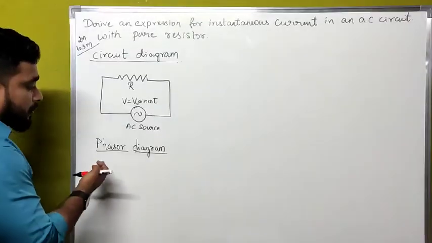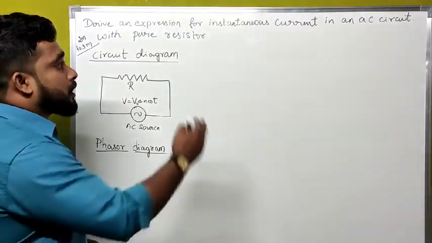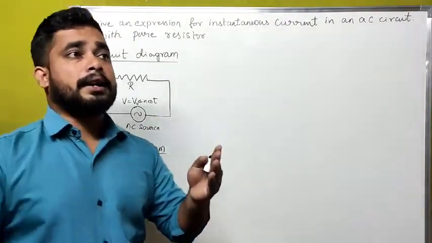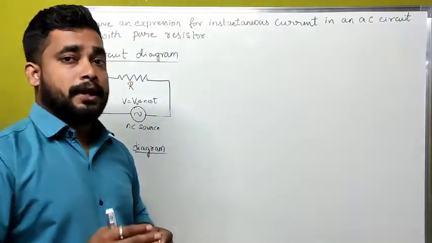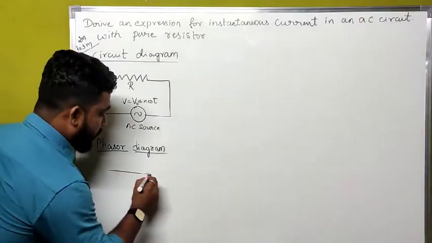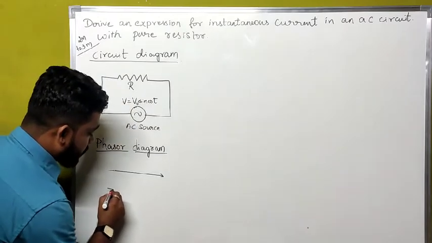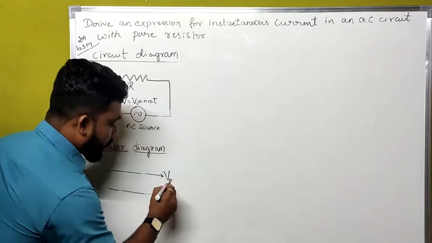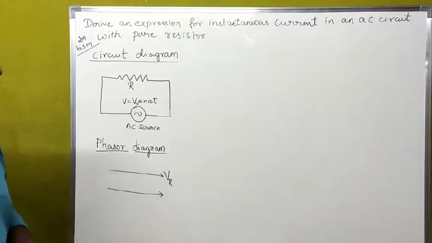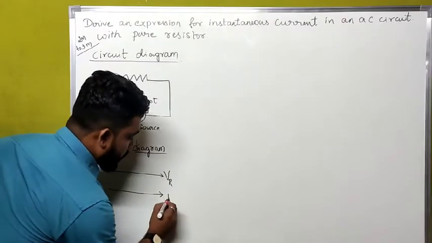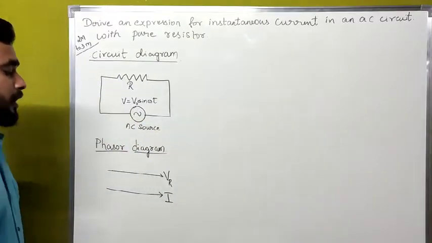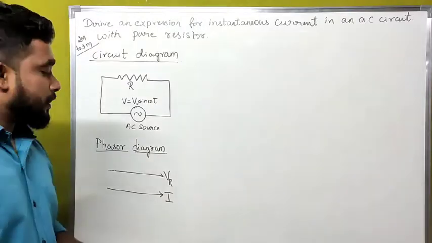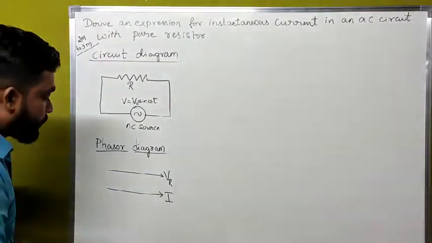If they ask what is the phasor diagram, both are in phase, that means both the current and voltage have to be in phase. There should not be any difference between these phases. Let us assume this as the direction of voltage, and let us assume this as the direction of current. This should be in phase. This is our phasor diagram.